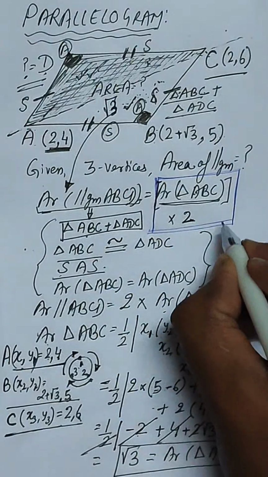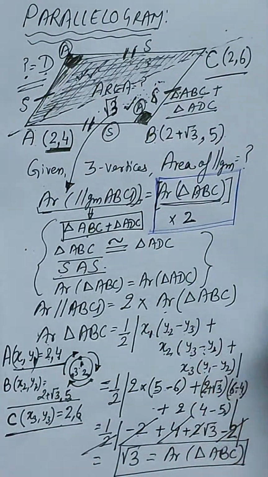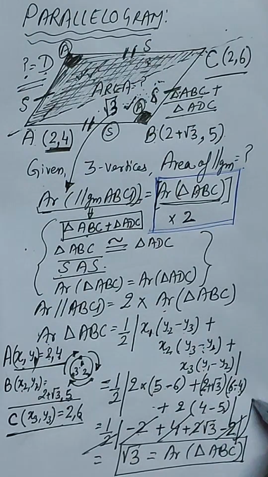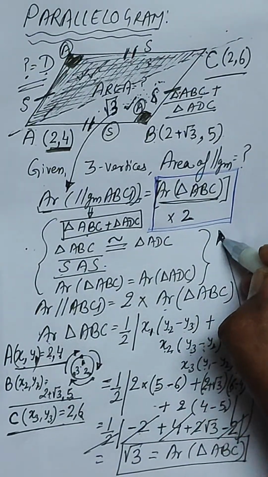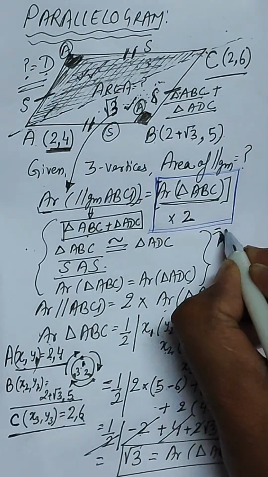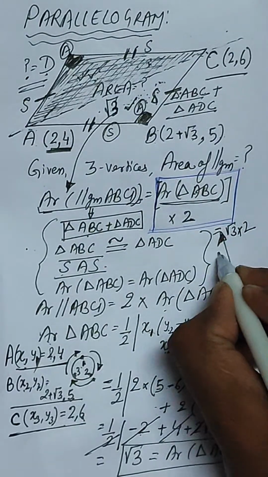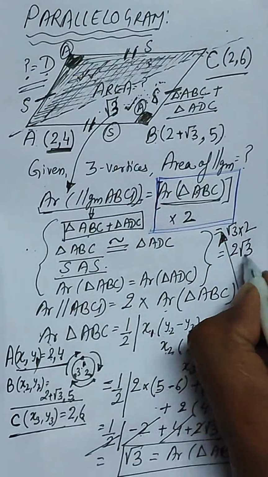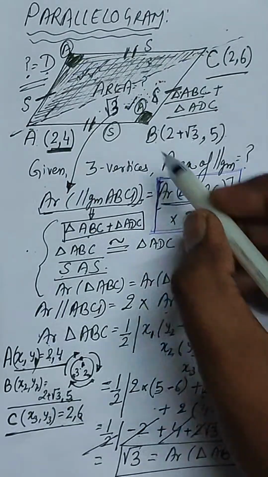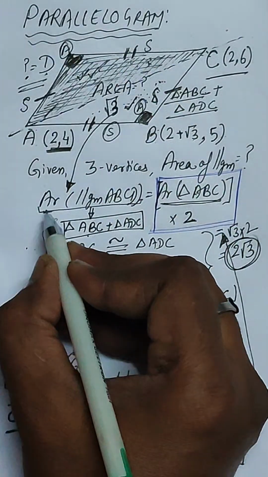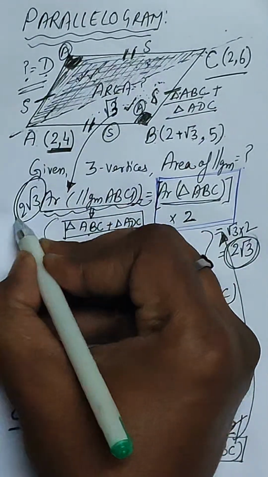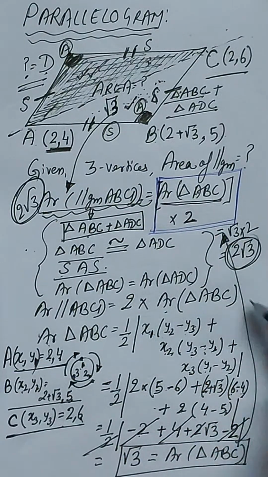So to get the area of the parallelogram, we put this value of root 3 over here, which gives root 3 multiplied by 2, which is 2 root 3. The area of this parallelogram is 2 root 3, my dear friends, and this is your answer.